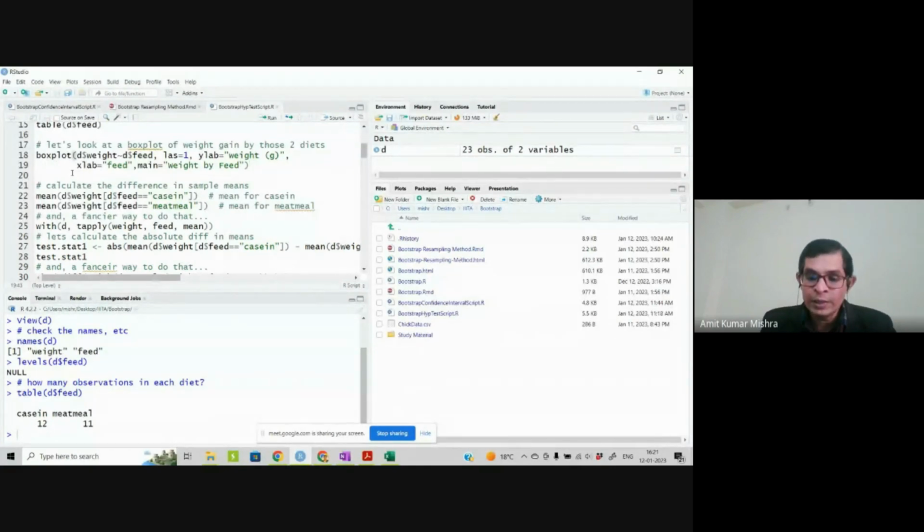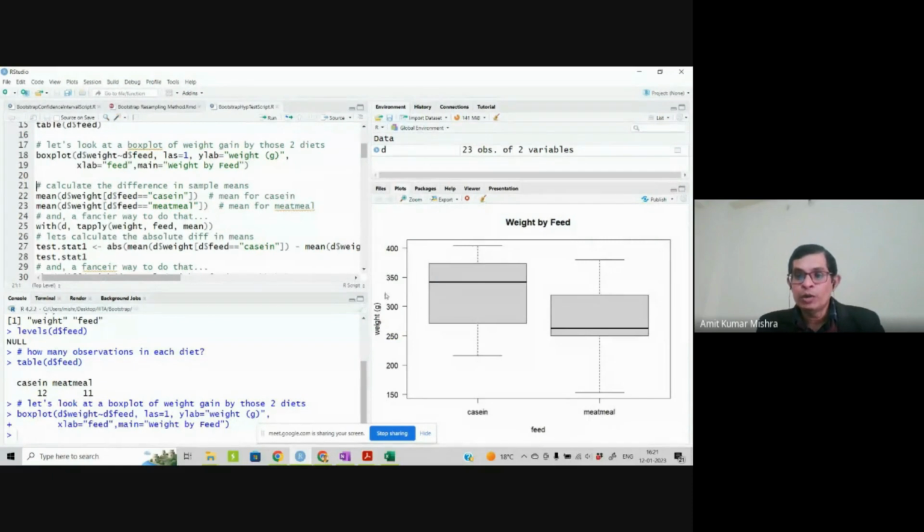So if I run it, this is the output of these two. You are getting the weight histogram and the box plot of weights according to feed. Now see here, casein and meat meal are written horizontally.